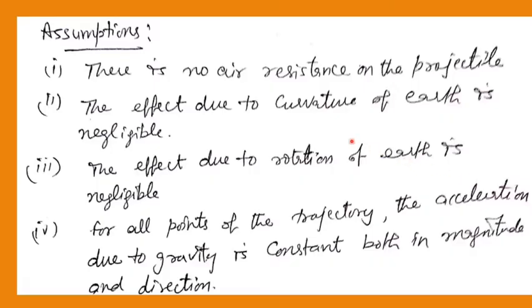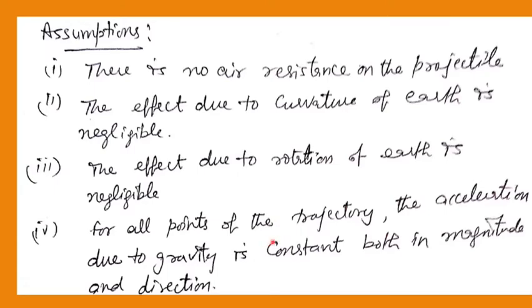Of course, we are assuming no resistance on the projectile, no air resistance, and we are ignoring the effect due to the curvature of the earth and the rotation of the earth.